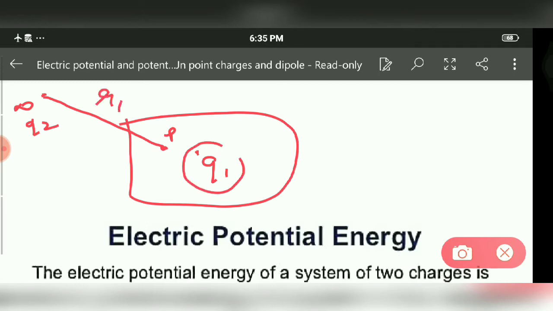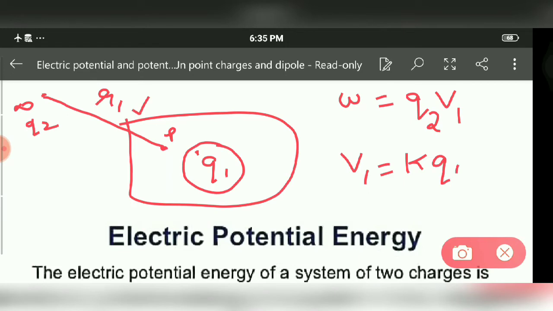Now this q1 is offering potential. We know work done is equal to charge into potential. The charge we are bringing is q2, and the potential is offered by charge q1. Potential formula is k times charge upon distance, with distance r1.